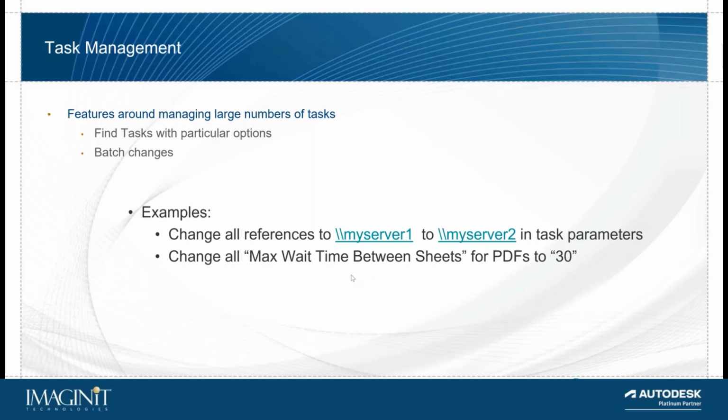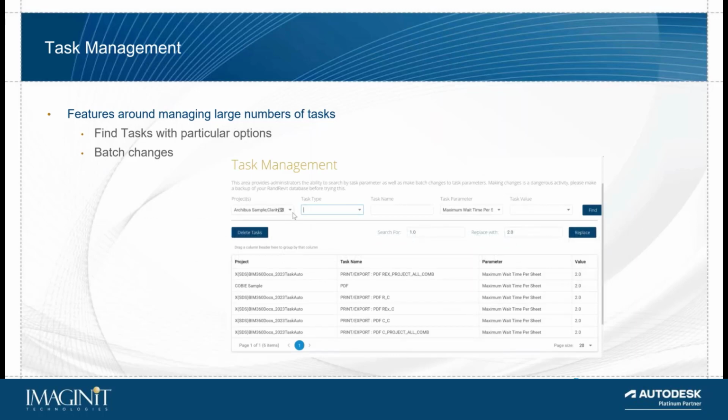We're hoping that people don't use it all the time, but anytime you need to make that kind of massive change across projects with different kinds of scenarios, digging into the task parameters, you can use this section of the application, where you can filter up front on what kinds of things you want to look at. So you can actually use it to just find things first and foremost. If you're wondering who's using what kinds of tasks, or whether anybody has something configured in a particular way, you can use it just for finding things first.